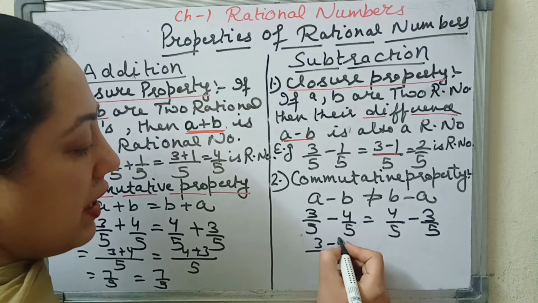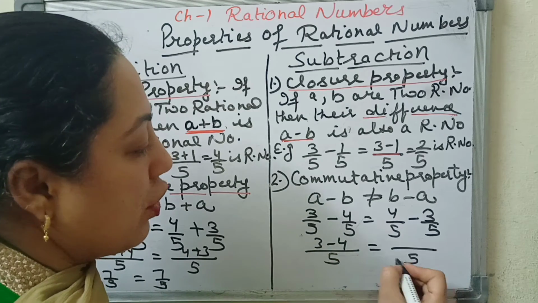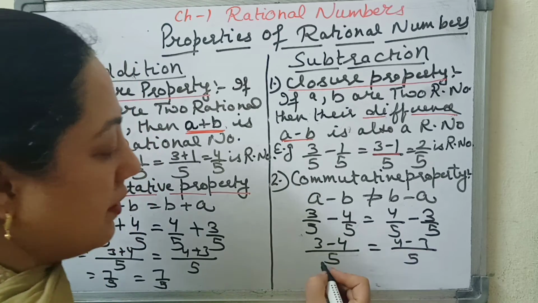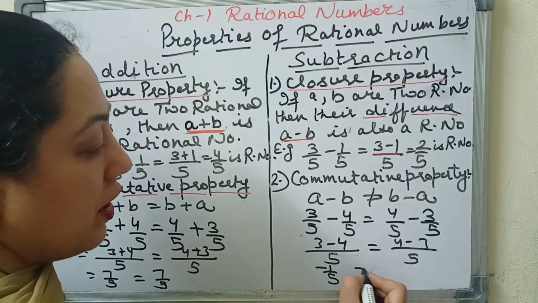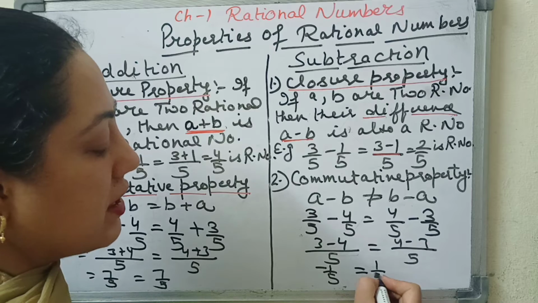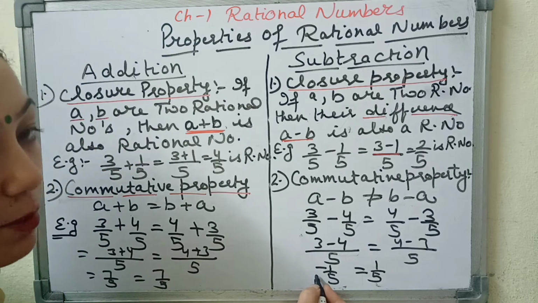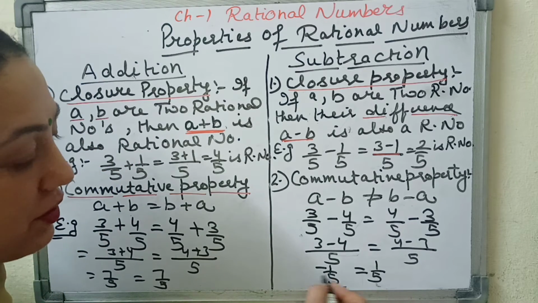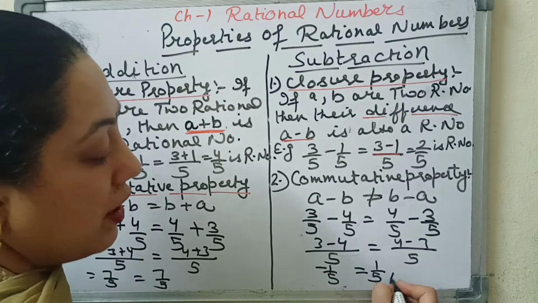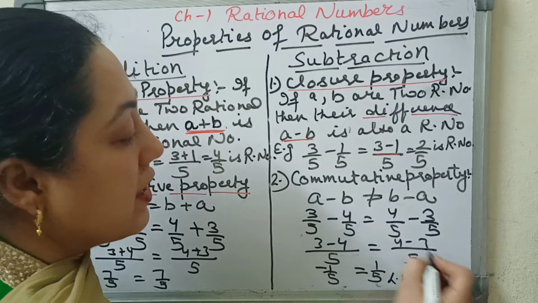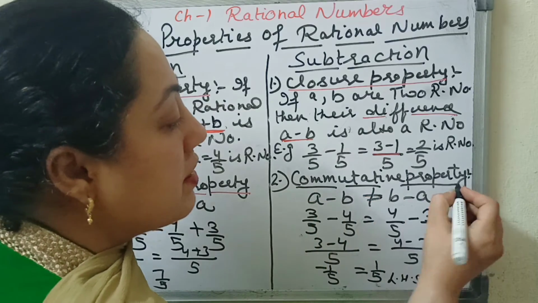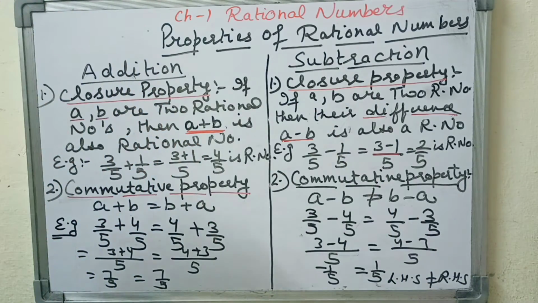That is 3 minus 4 here, and the denominator is 5, and 4 minus 3. 3 minus 4 is minus 1 over 5, and 4 minus 3 is 1 over 5. This number is negative and this number is positive. So both are not equal. Left hand side is not equal to right hand side. So the commutative property does not hold in case of subtraction.